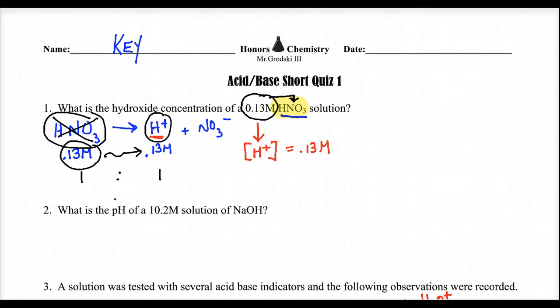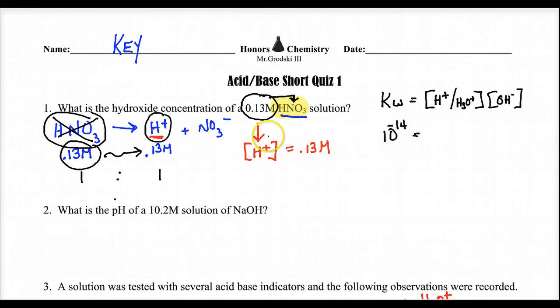Well, I already know that Kw is equal to the H+, or the H3O+, if we're dealing with hydronium ions, times the hydroxide. That's something we've already established from the autoionization of water. Kw we know is 10 to the negative 14. We know the H+ now, because of it being a strong acid and completely dissociating, we know that this value is 0.13.